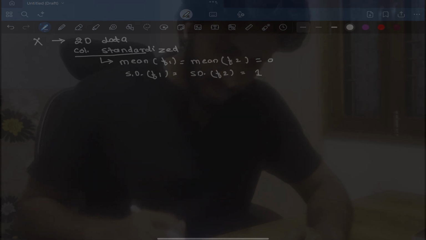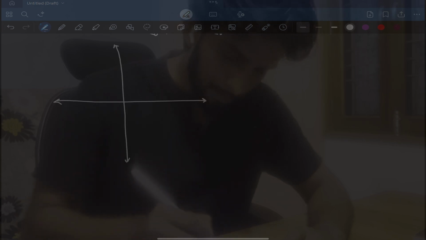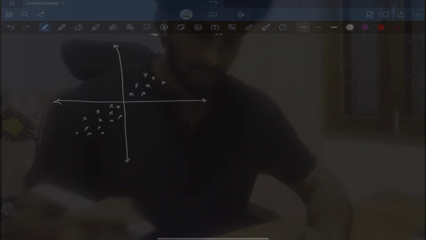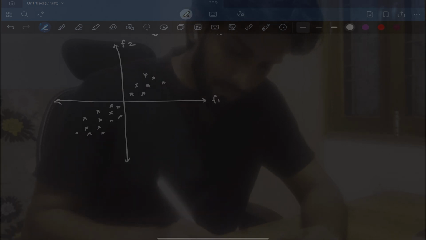Now let's draw this data points. So let's see our data points look something like this, right, and this is our feature f1, this is our feature f2.